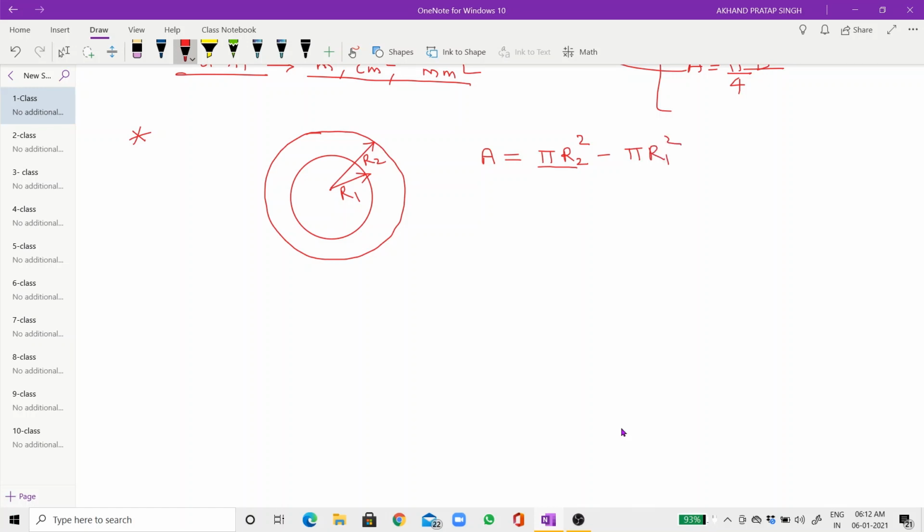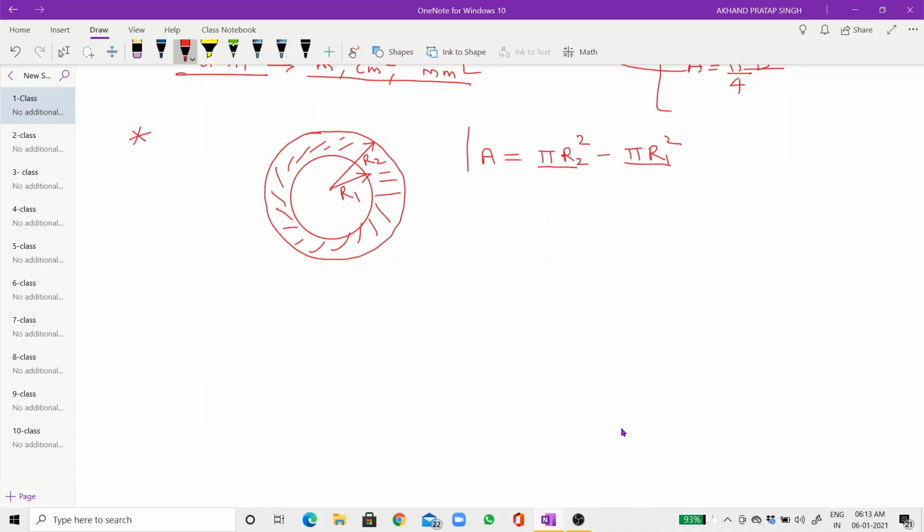So what is the meaning of this formula? It means you take the whole area and subtract the inner area. So you get just this portion of area. You can also call it a ring, because this portion is what remains after subtracting the inner area from the whole.